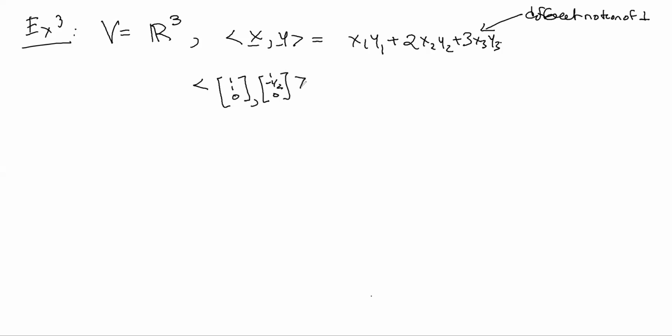Their inner product in this case is 1 minus half times 2, minus half times 2, which is 0. So these are orthogonal in the new inner product, but they're not orthogonal in the standard inner product.